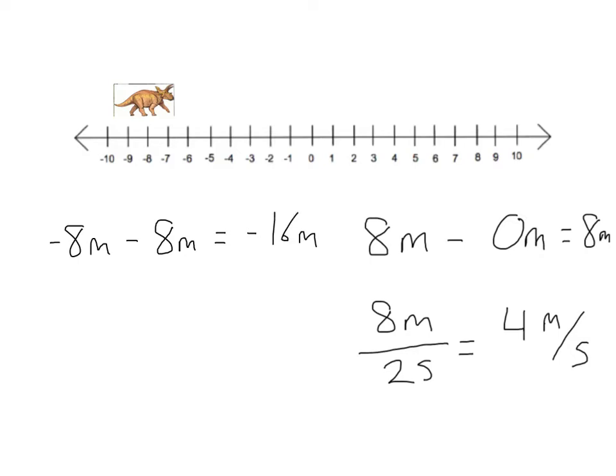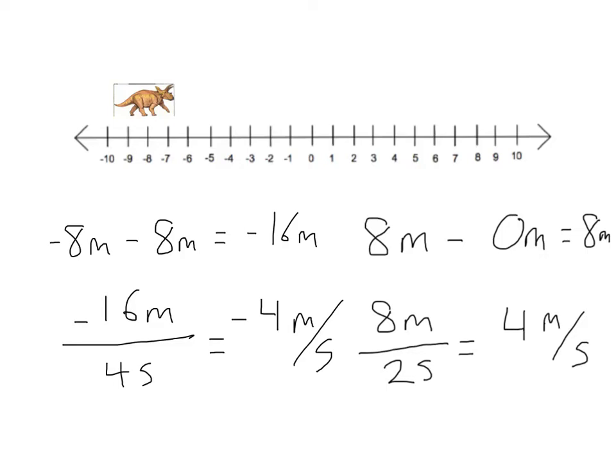If that trip took 4 seconds, then his displacement of negative 16 meters, which took place in 4 seconds, would indicate that he had an average velocity of negative 4 meters per second. Notice that the Triceratops was headed in the negative direction on that last trip, and thus his velocity was also negative. Again, the negative or positive aspect of velocity implies the direction of the motion.